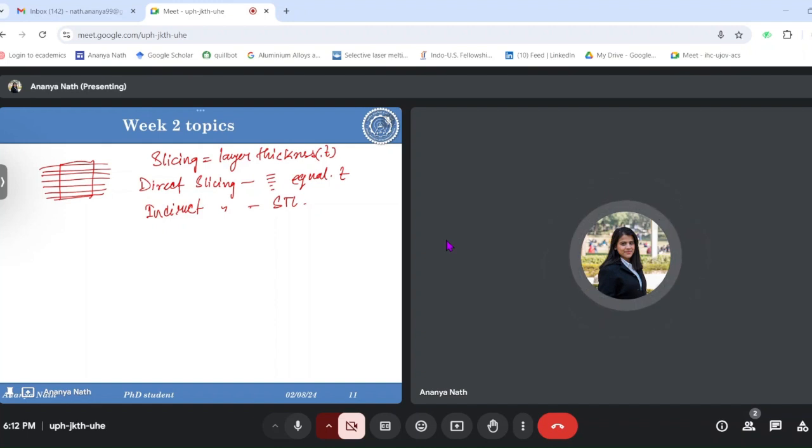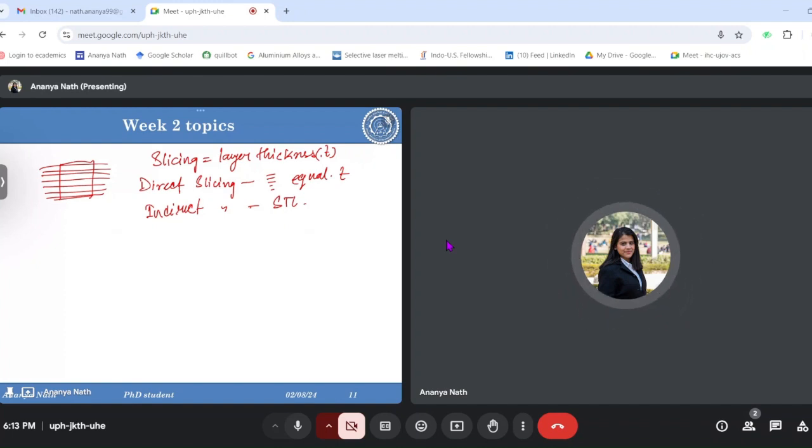Say the part is in centimeters, but I have one feature of some hundreds of micrometers in dimension, and that feature needs to be printed with greater accuracy. Then I will go for adaptive slicing, where the centimeter part I'll slice with a particular layer thickness, and for the features which need to be printed with better accuracy, I'll slice with lesser layer thickness.